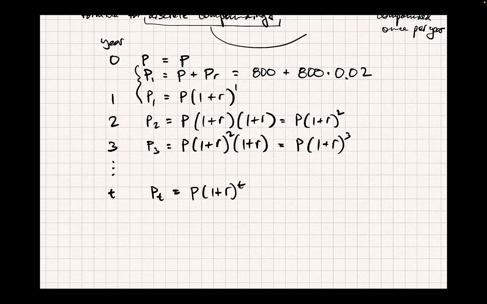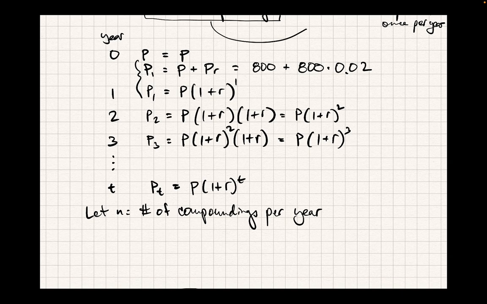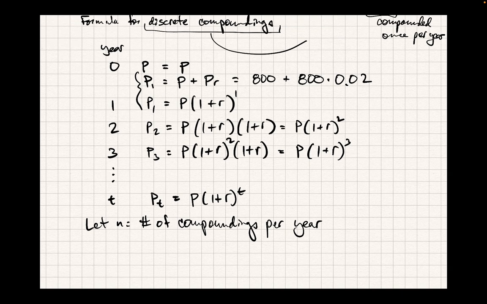So to make that happen, we're going to say let n equal the number of compoundings per year. And t is still the number of years. So we can upgrade this formula.